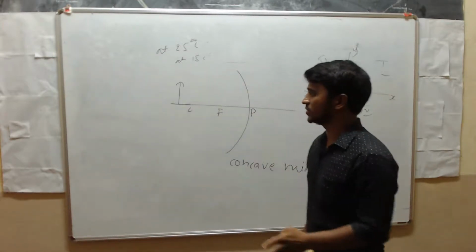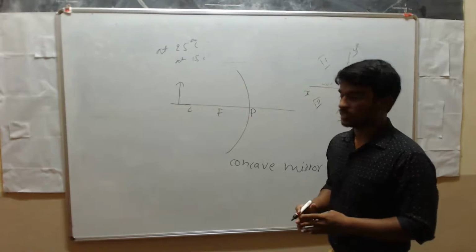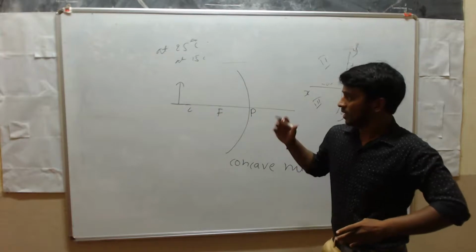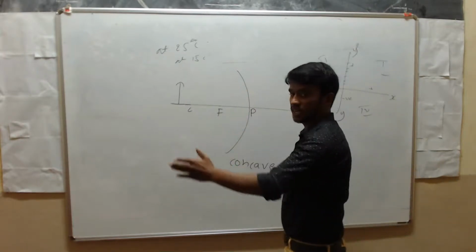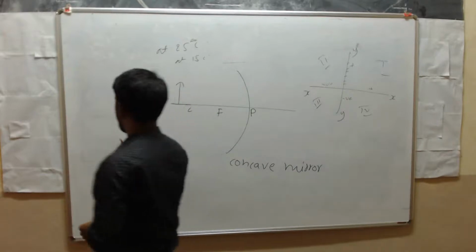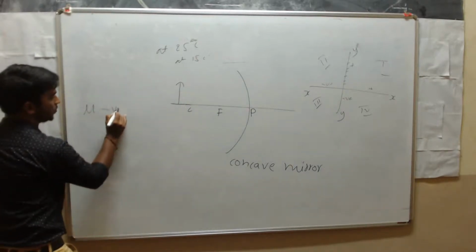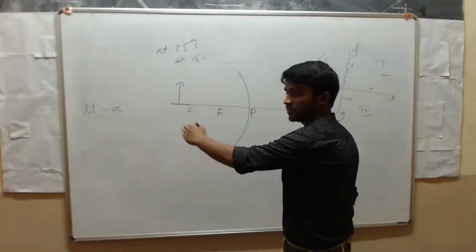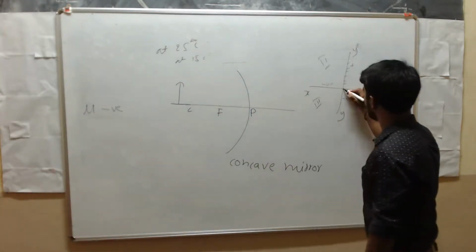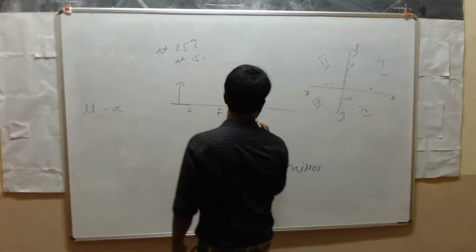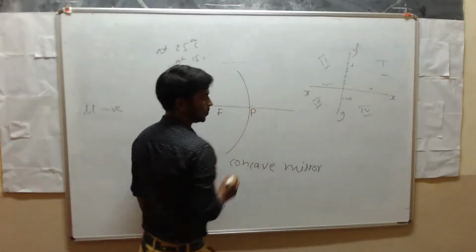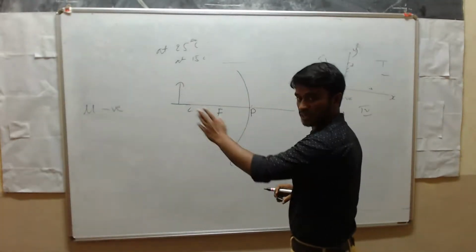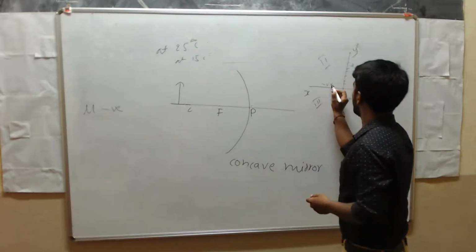In optics, which is a branch of physics that deals with the study of light, we always take the object distance, that is u, as negative, because the object is always placed on the left side of the mirror. Take the pole of the mirror as the origin. So the object distance is always negative, which means it lies on the negative axis.